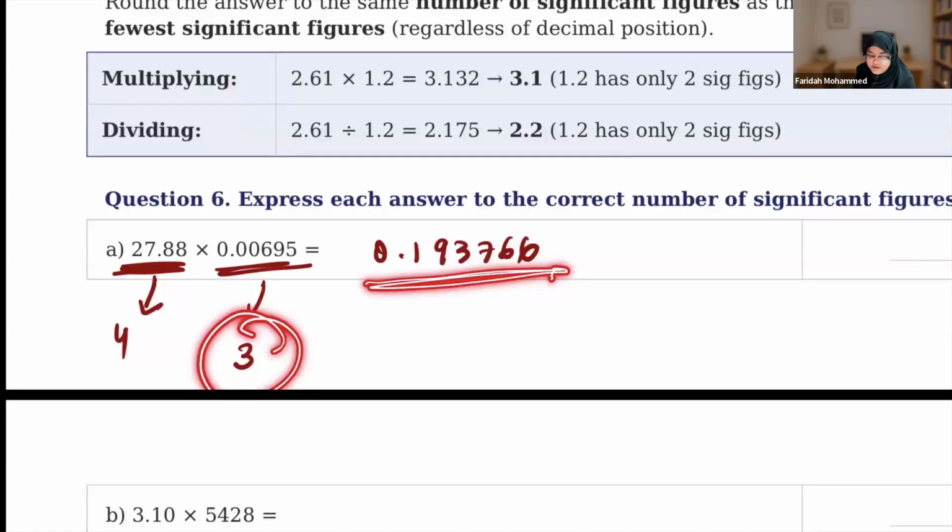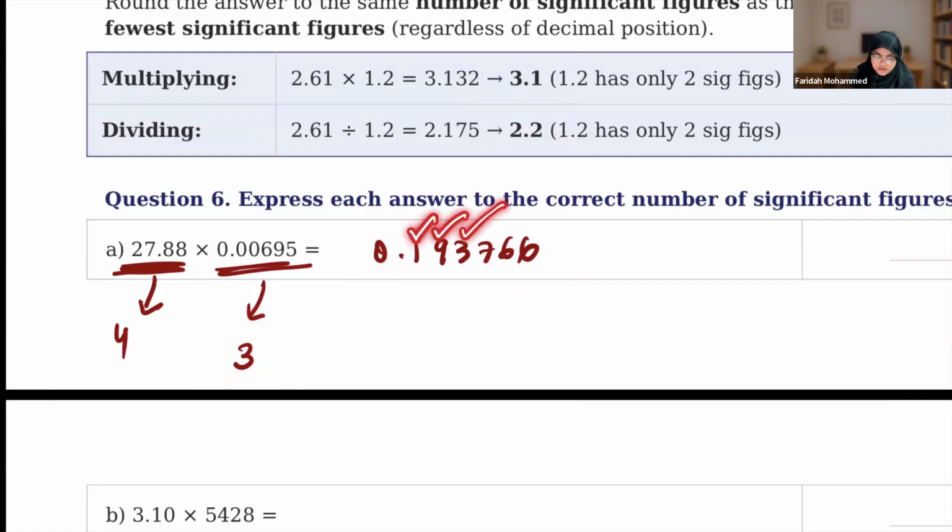And what did we learn? The 0 in the front is not significant. But you cannot just ignore the 0 and not write it down. No. Because the 0 is in the front, you still have to write it, but when you count your sig figs, it starts from here. So 1, 2, 3, you block it.